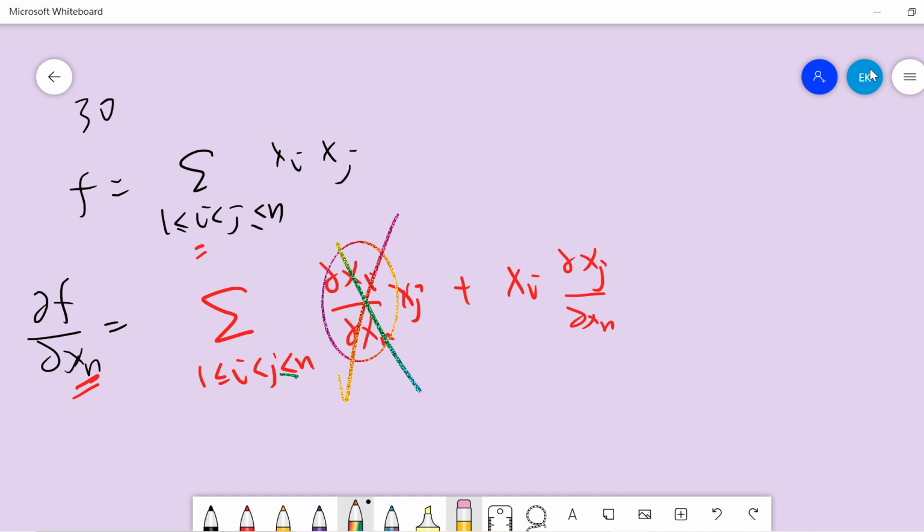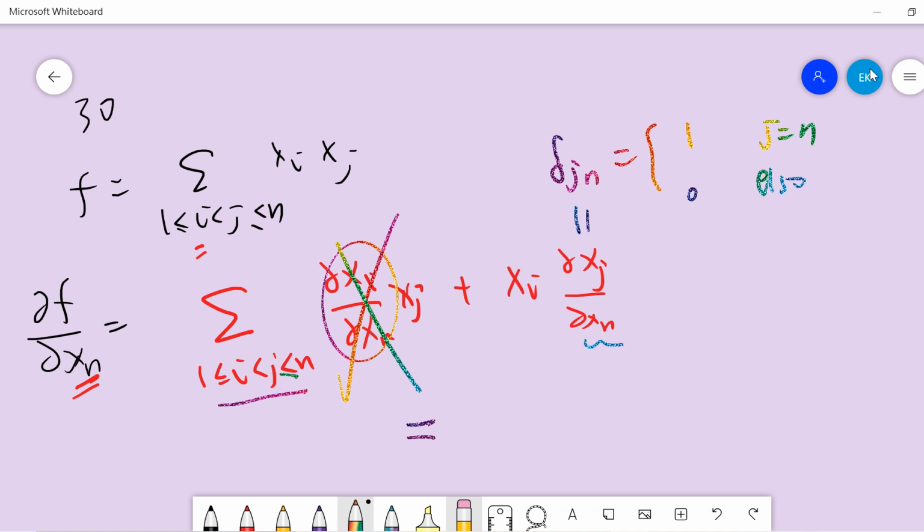And in this term, this is delta_jn. Delta_jn means 1 when j equals n, else 0, right? Because partial x_n of x_n is 1. So this summation has two indices, one sum over i and one sum over j.